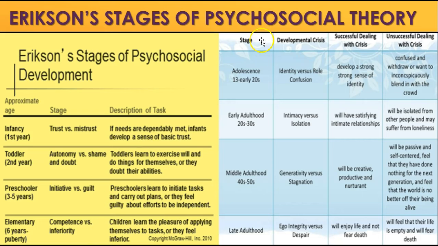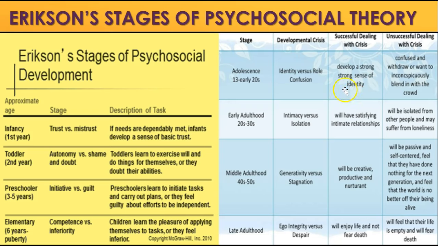Then once they get into that adolescent stage, 13 years to the 20s. And here, the developmental crisis is identity versus role confusion. And we know that this is where they become very insecure about who they are and what they want.